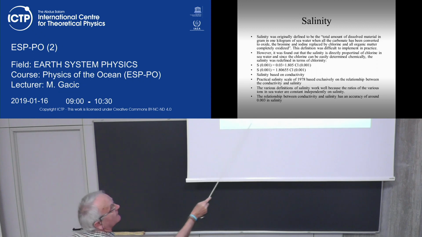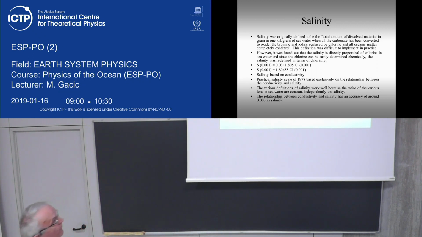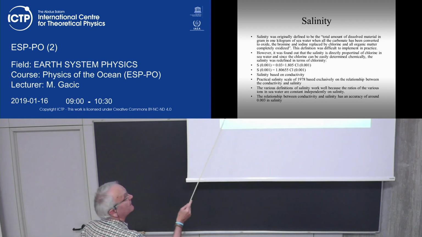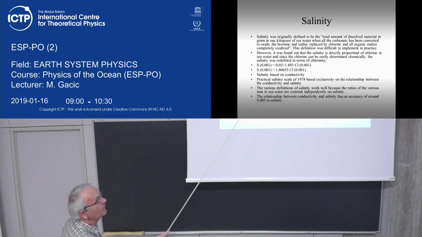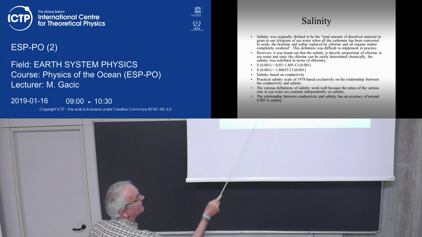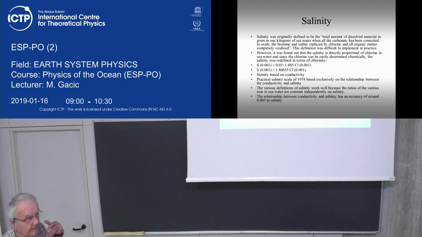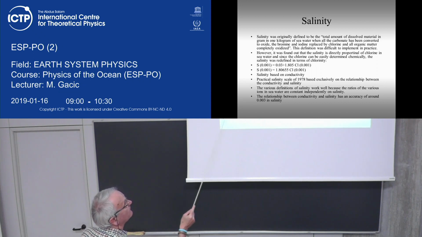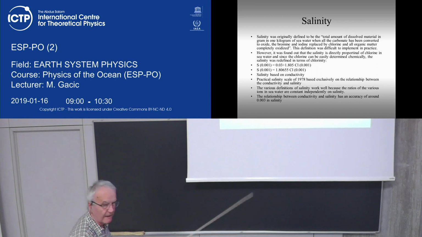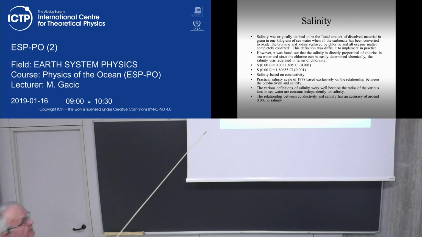So that's the fortunate property of salinity, that the salinity is linearly proportional to the chlorinity. And so by determining the chlorinity chemically, at least once upon a time, we were able to calculate the salinity by this simple relationship. So that's a very good property of the salinity.